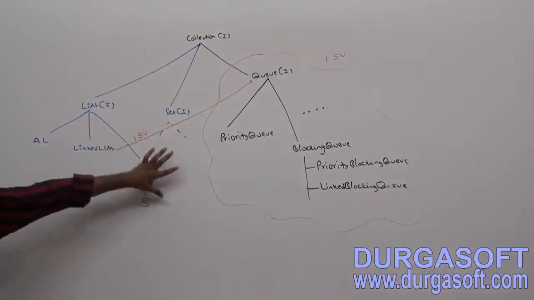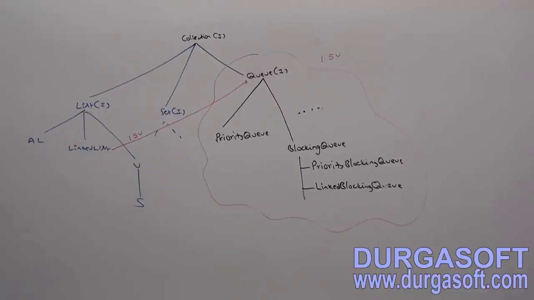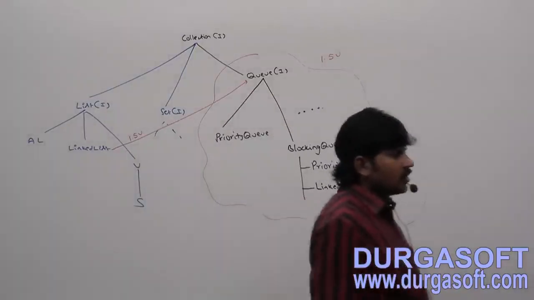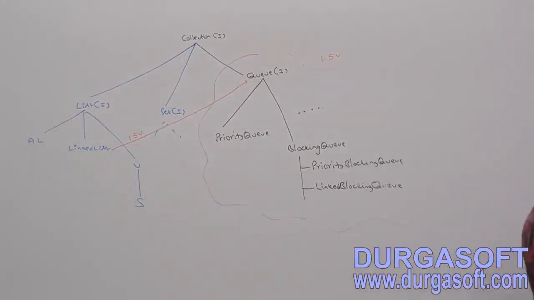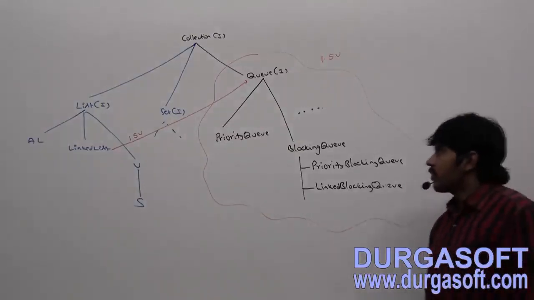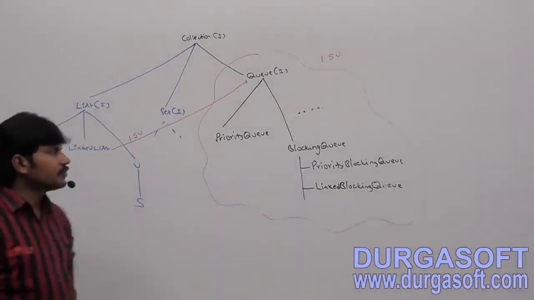Okay, better to take this diagram first and then we will add some theoretical things. Collection, list, set, queue. Take clearly. Collection, list, set, queue.